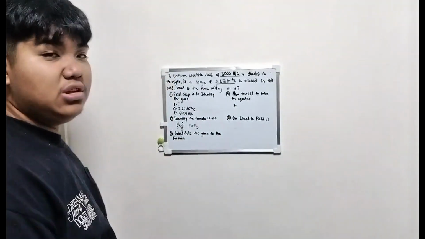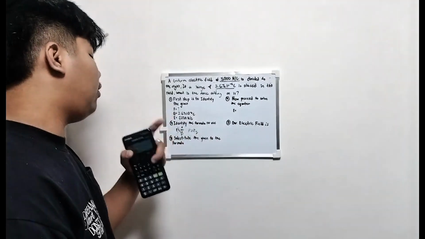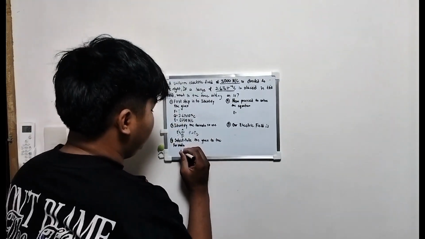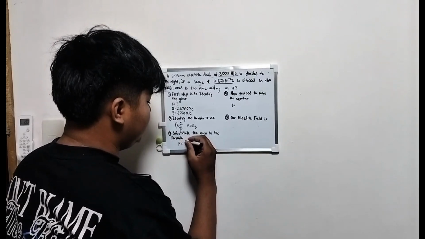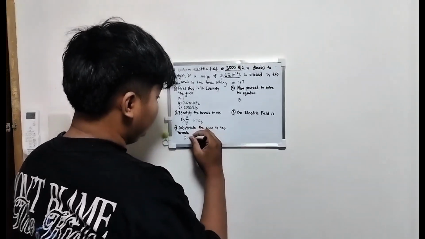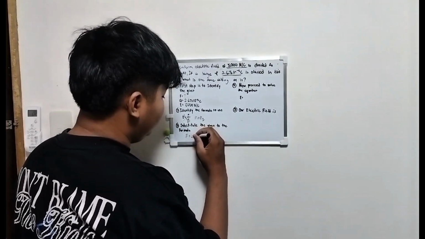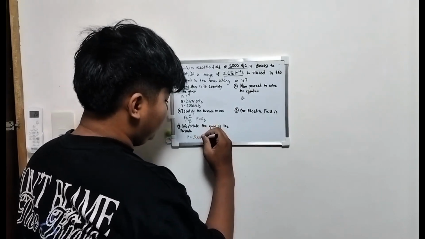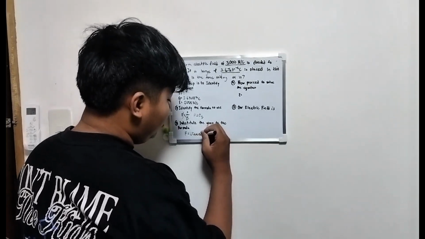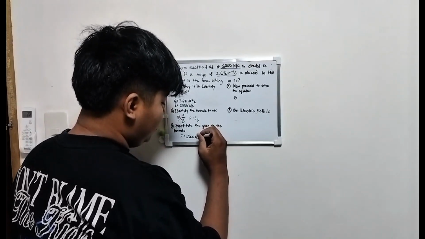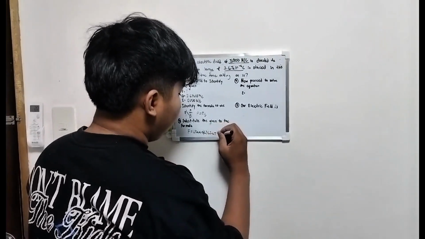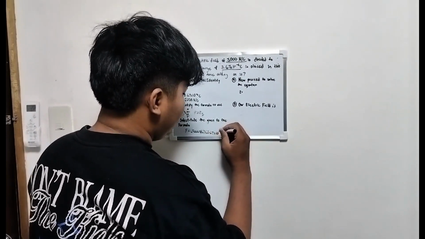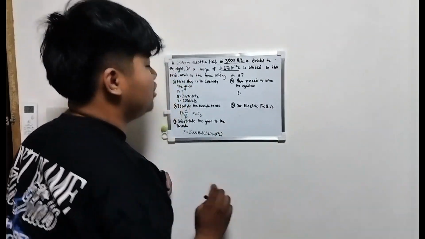Now, we just need to substitute the given to the formula. Electric force equals electric field, which is 5,000 newtons per coulomb, times 2.67 times 10 raised to negative 6 coulomb for our charge.